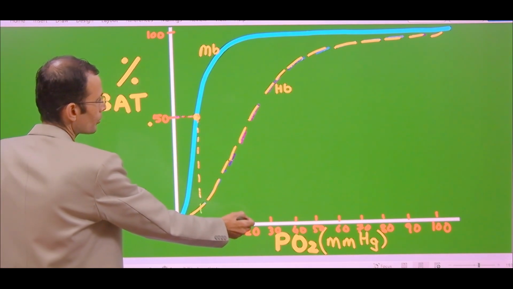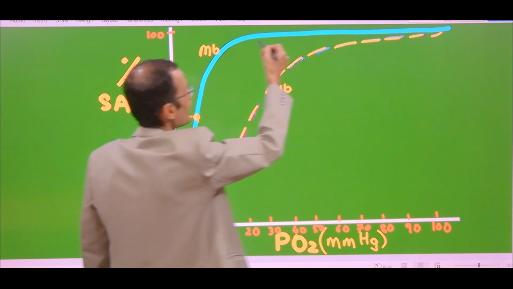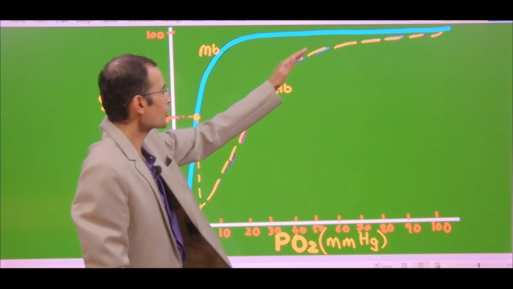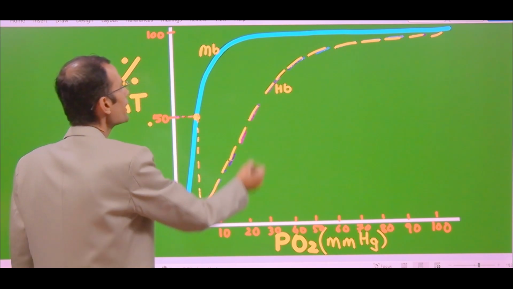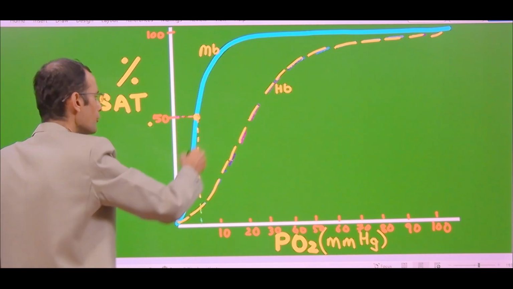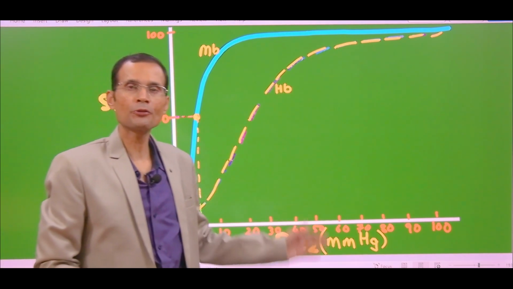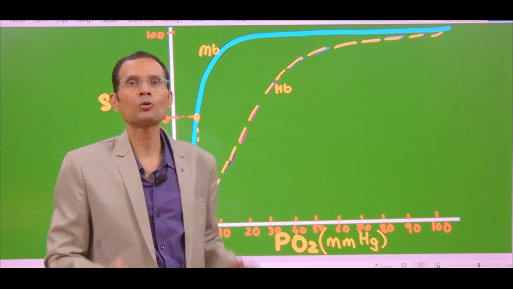So you can see here, down to a PO2 of 20, the graph is almost flat, it's not coming down, which means the saturation of myoglobin is not coming down. But below PO2 of 20, you see the graph coming down steeply. That means below a PO2 of 20, myoglobin is quickly releasing its O2.